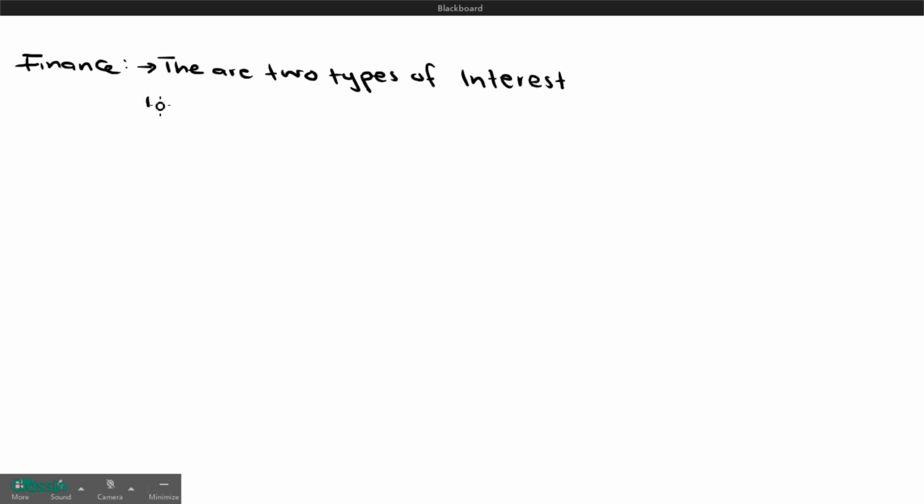So the first one is simple interest. So we have simple interest. Sometimes it can be used as hire purchase.